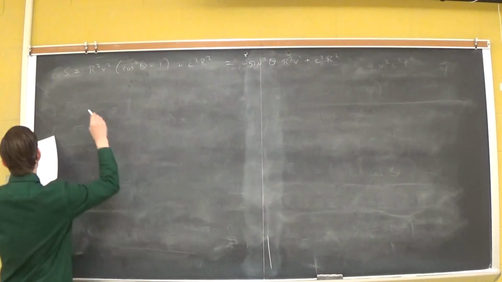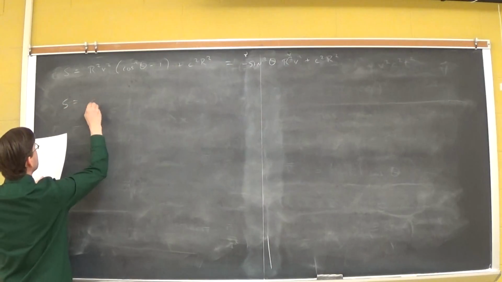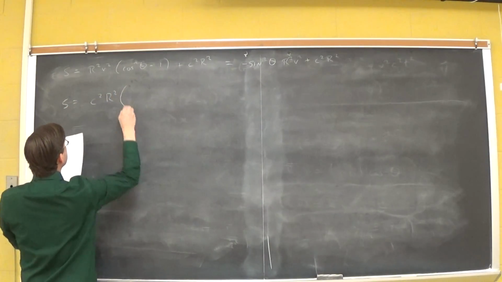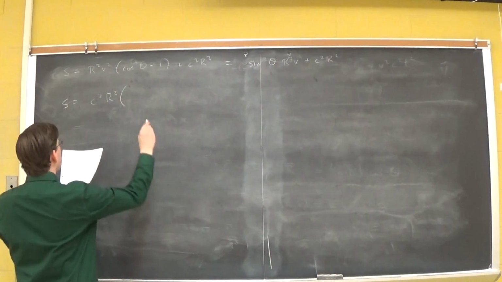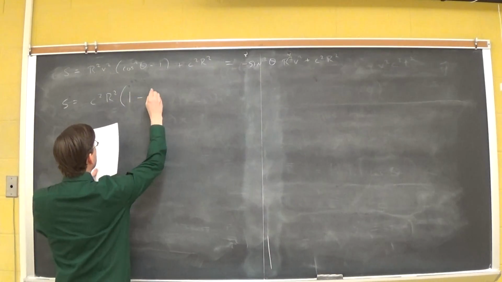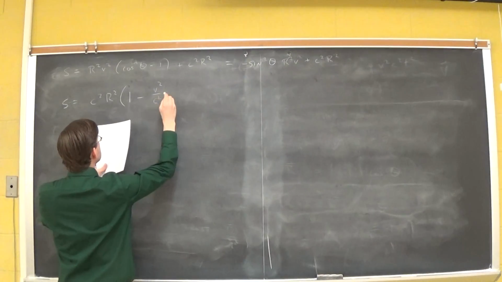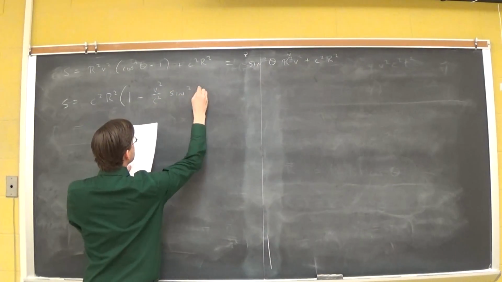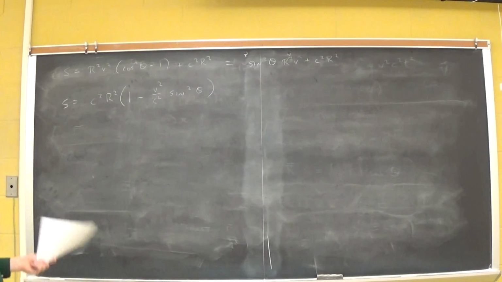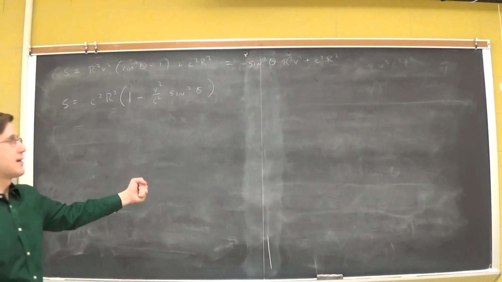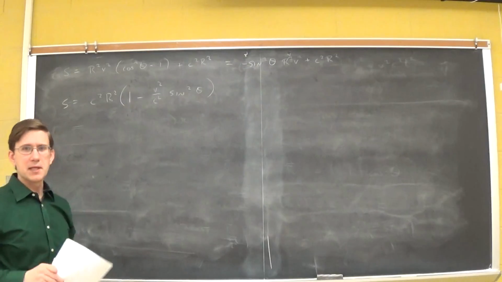All right, and then finally, I can write that S is equal to c squared R squared, factoring out a common term for both parts here, and that just leaves me with 1 minus v squared over c squared sine squared theta. Okay, and then finally I claim that we took that really awful looking expression, and now we have something pretty palatable.